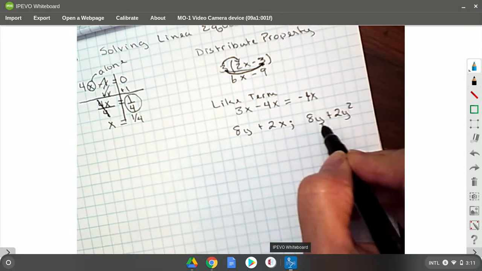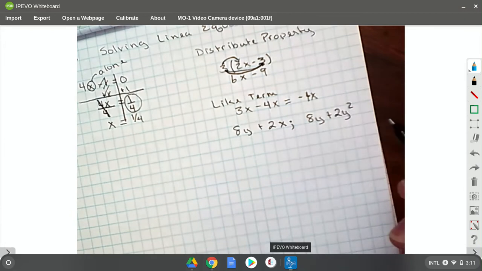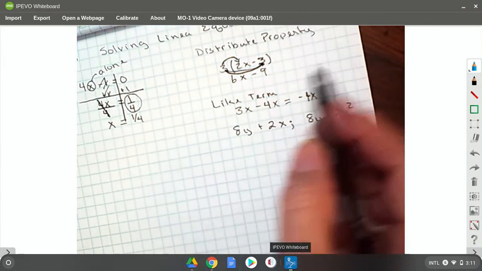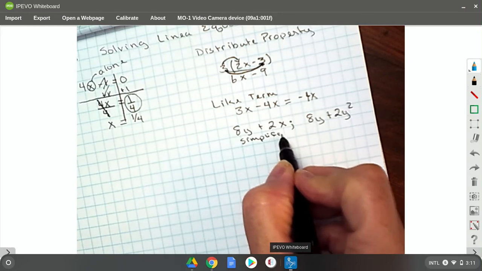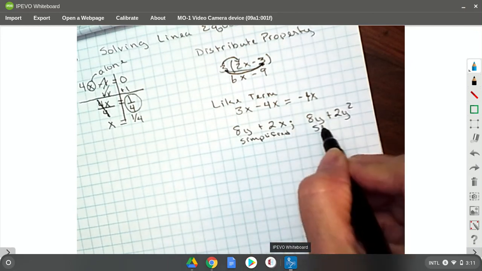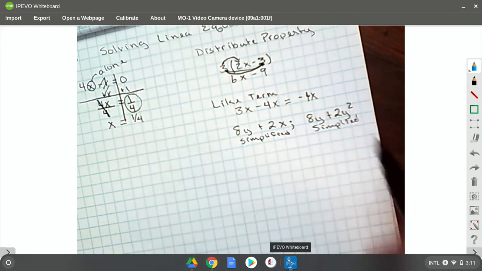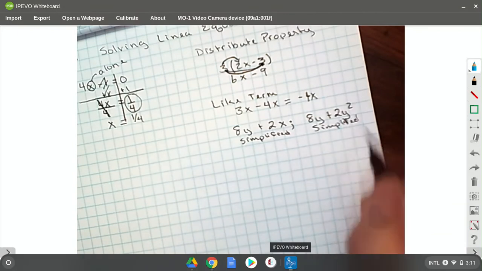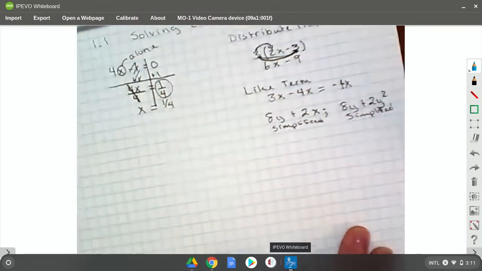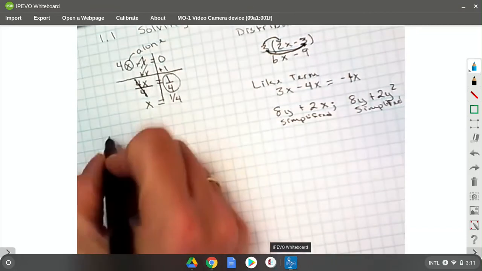Even though it's a y, this is y to the first, this is y to the second. That's already simplified. Nothing you can do. This is simplified already. So is this. Nothing you can do with these. All right, let's go to a problem where we can practice some of that.